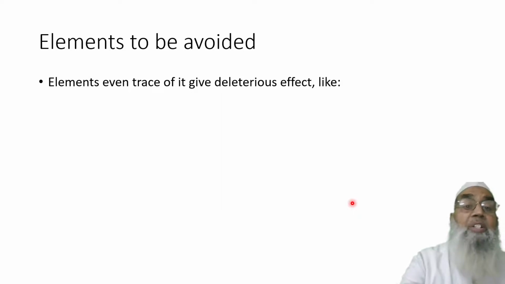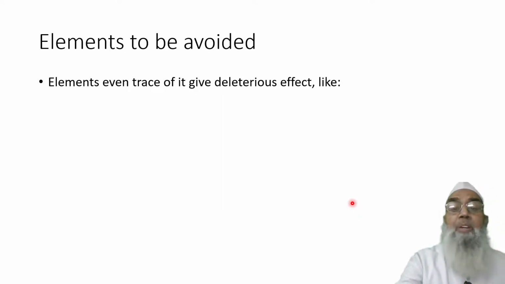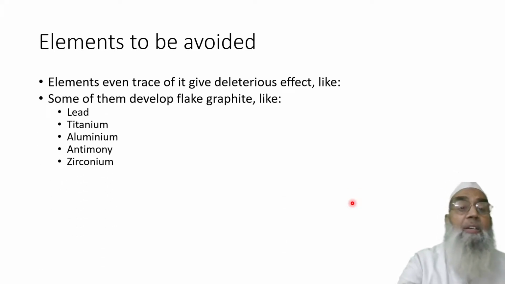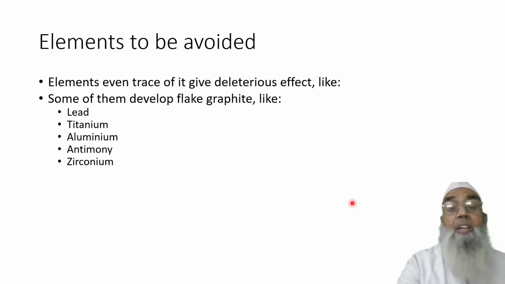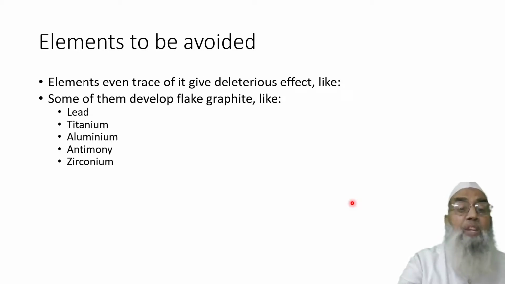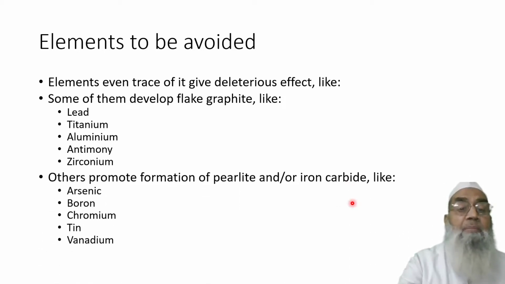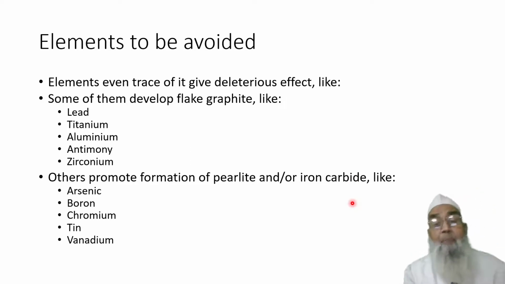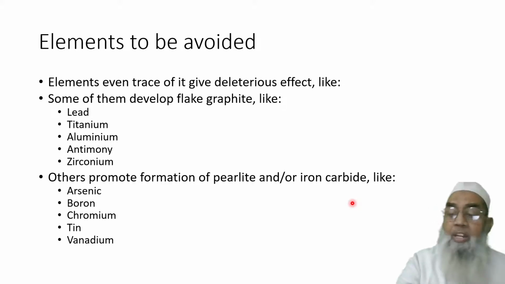Elements that, even in trace amounts, give a deleterious effect: some of them develop flake graphite, like lead, titanium, aluminium, antimony, zirconium. Others promote formation of pearlite or iron carbide, again deteriorating the quality of SG iron, like arsenic, boron, chromium, tin, vanadium.